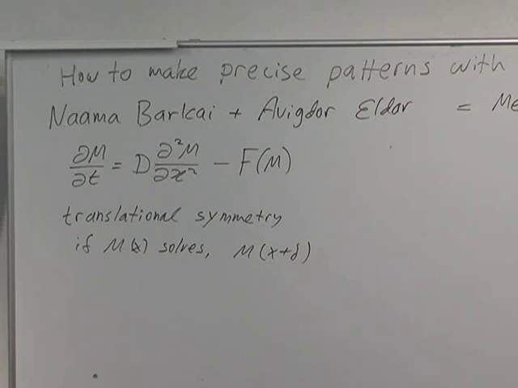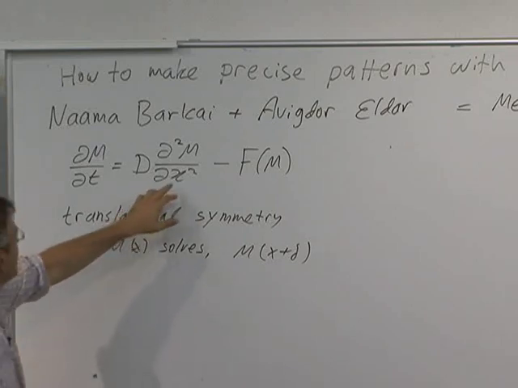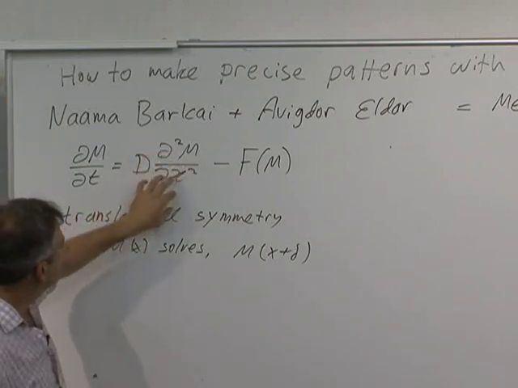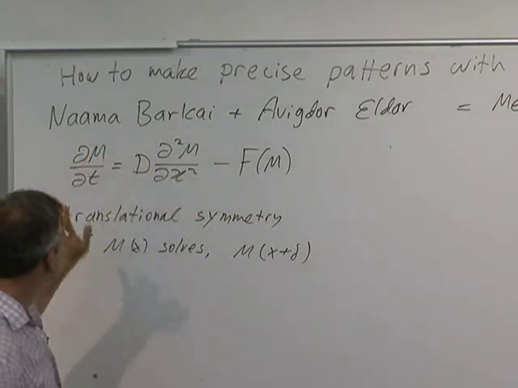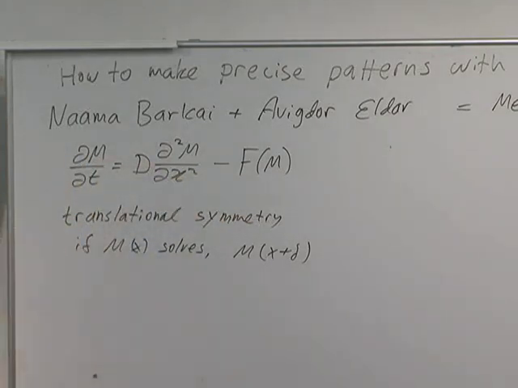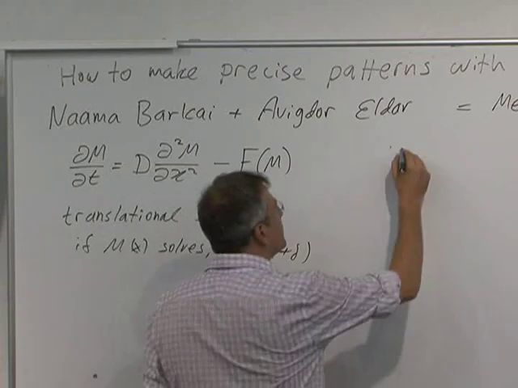You still have a solution, could be for different boundary conditions. And the reason is that if you change this to x plus delta, the derivative doesn't care about it, and everything here doesn't depend on space.